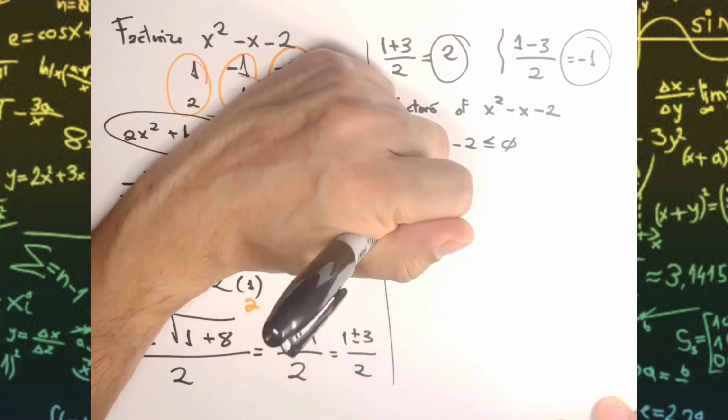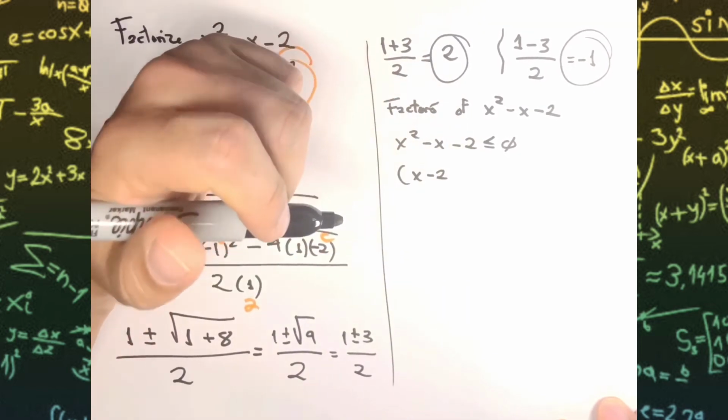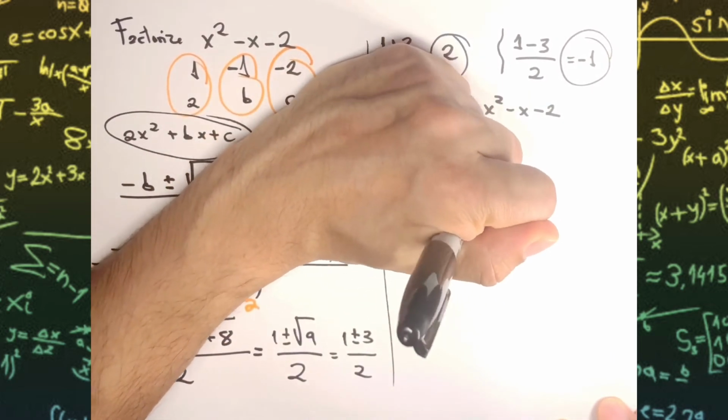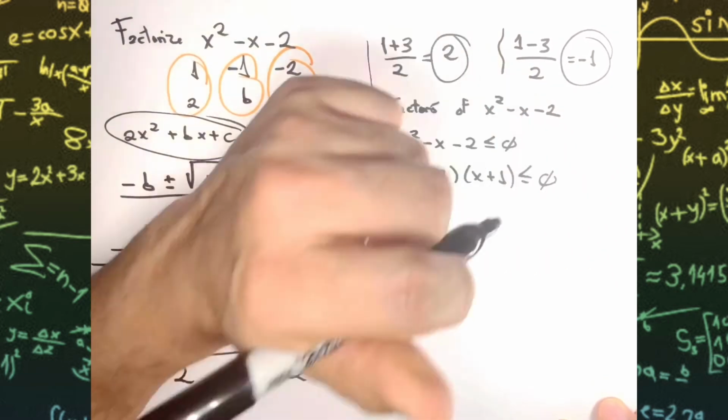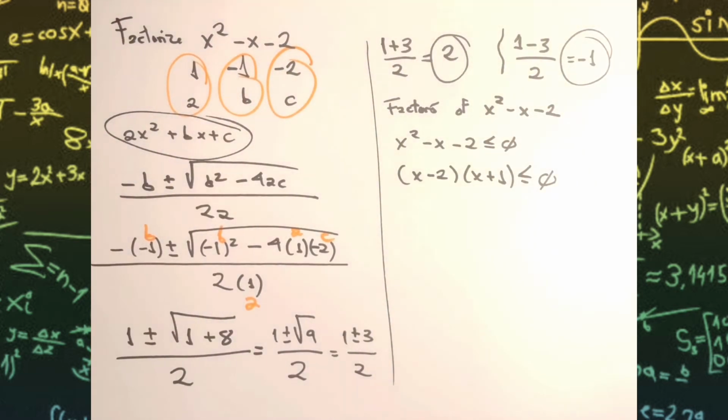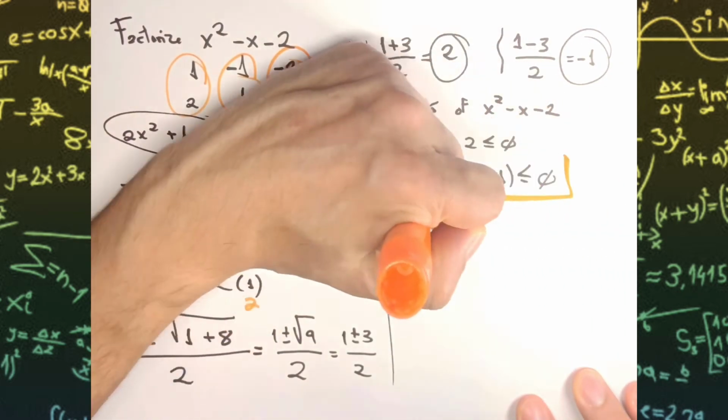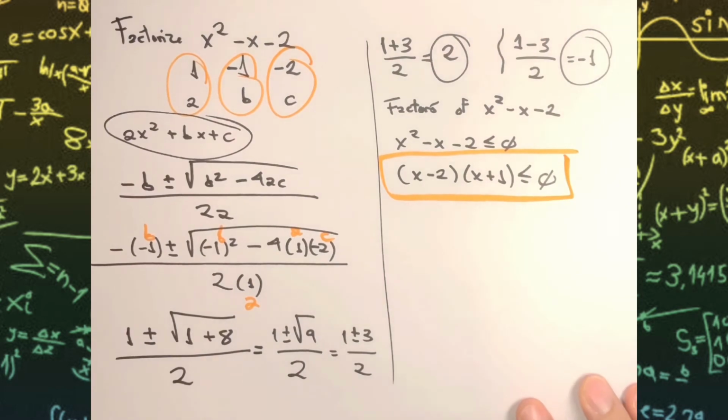So we had x squared minus x minus 2 less than or equal to 0. Now with its factors written, it's going to be x minus 2 multiplying x plus 1 less than or equal to 0. These two are exactly the same. I'm just rewriting the equation with its factors.